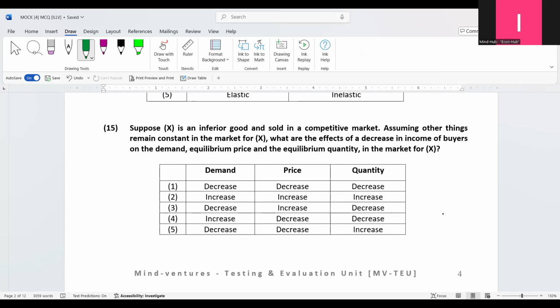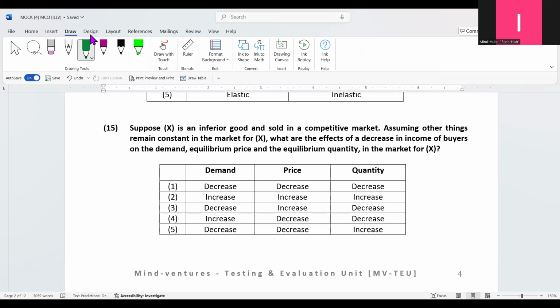Suppose X is an inferior good and sold in a competitive market. Assume other things remain constant in the market for X. What are the effects of a decrease in income of buyers on the demand, equilibrium price, equilibrium quantity in the market for X?